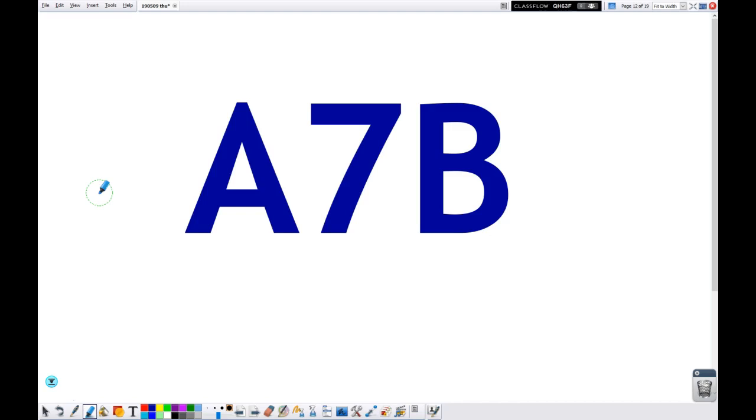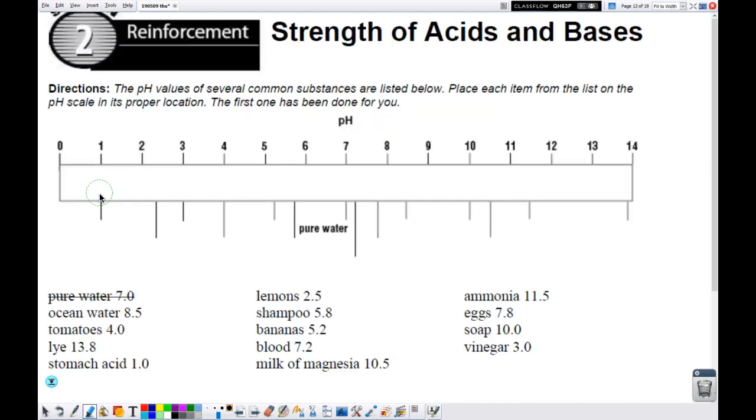So now let's look at reinforcement number 2, the strength of acids and bases. When I look at the instructions, this is not too terribly hard. You see the pH scale from 0 to 7 to 14. And when we look at the scale, anything that's less than 3 is considered a strong acid.